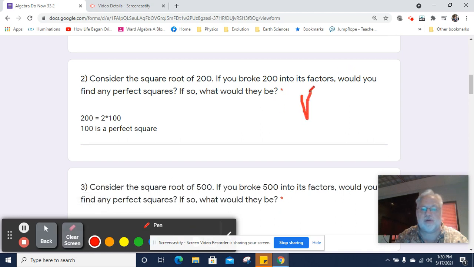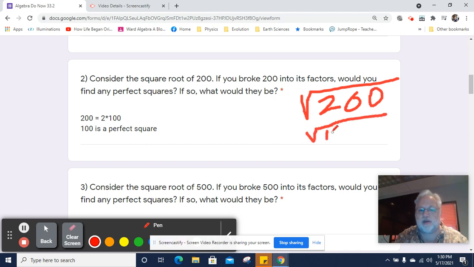So the square root of 200 is going to be the same as the square root of 100 times 2. And then we can take the square root of 100 out of there and make that 10. And the 2 is still in square root jail, 10 root 2. And of course, you need the plus and minus versions of that.